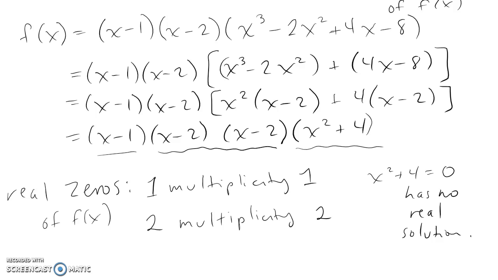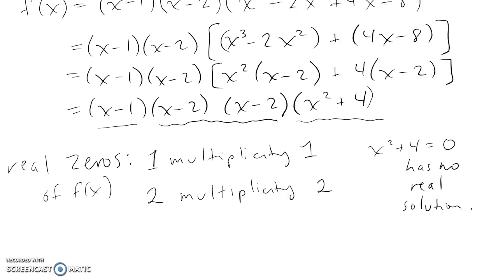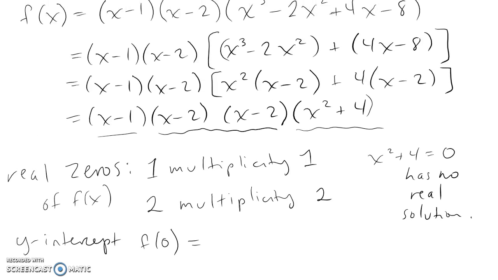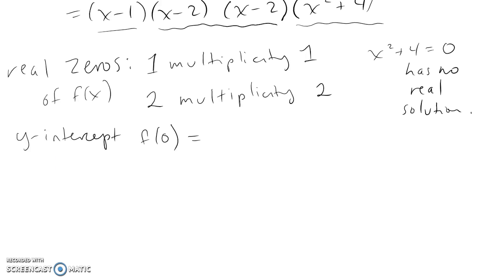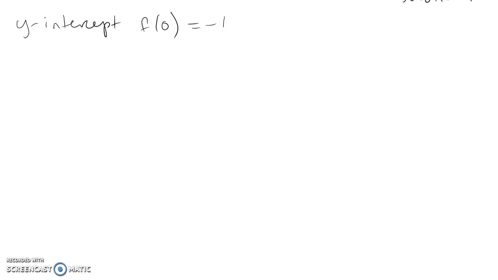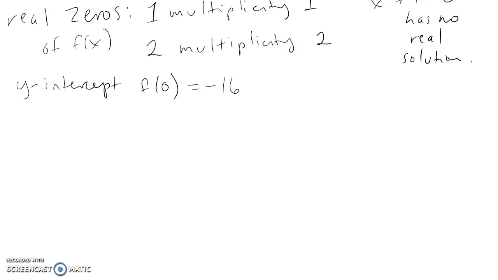Okay? Let's think about this function a little bit more and see if we can graph it. We know its zeros, right? Do we know its y-intercept? Its y-intercept, of course, is f of 0, which if we go back to the original function, we plug a 0 in for every x, they all disappear except for that constant term. Okay?